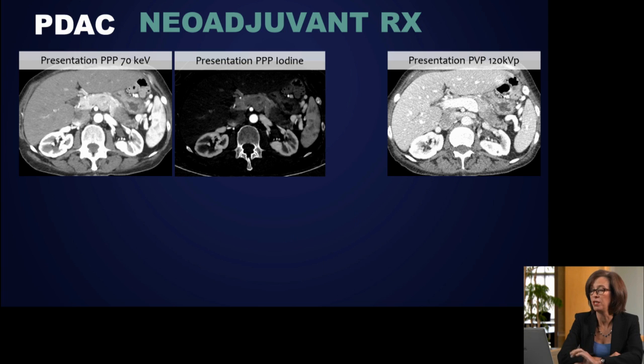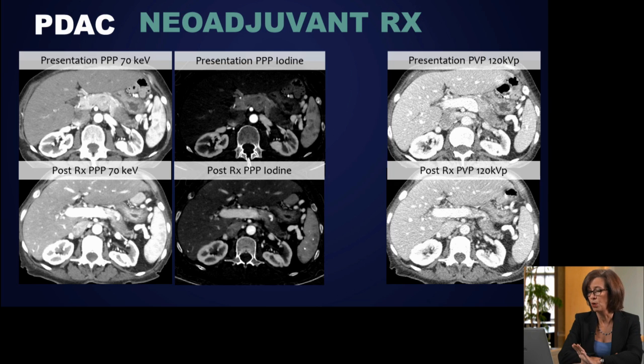Another reason that you may want to use dual energy CT is that we have gained some success in the neoadjuvant treatment of patients with pancreatic ductal adenocarcinoma in tumor shrinkage and enabling them to have attempted surgery. But things get a little messy. And if you look at, again, our first patient, if you look at the portal venous phase on the right and the 70 keV and iodine images on the pancreatic parenchymal phase on the left, after therapy, her tumor got tougher to see.